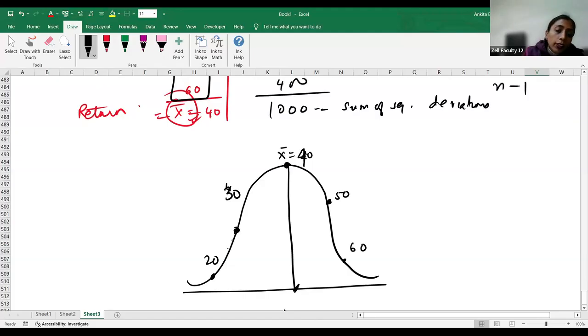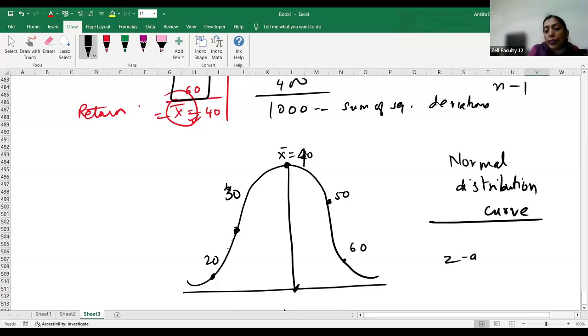And if I join these points using a freehand, then I am able to draw this curve. This curve is known as the normal distribution curve, also known as Z curve, wherein the points are now extended and put down on the number line.